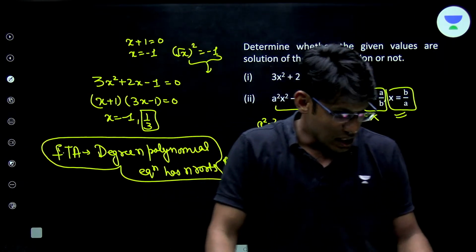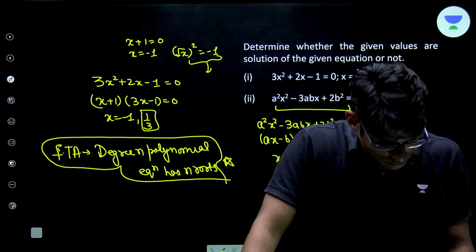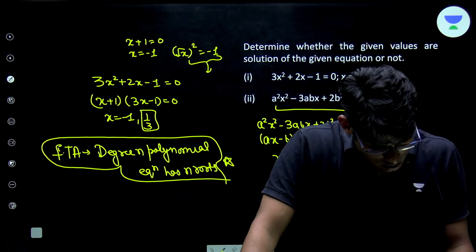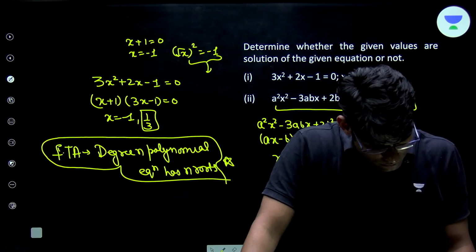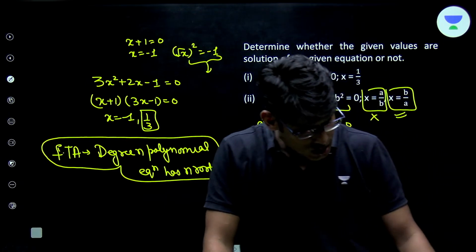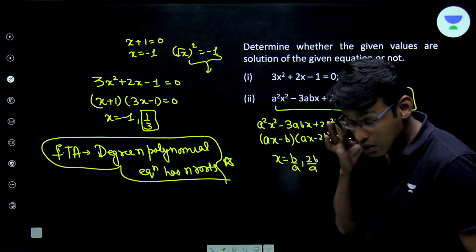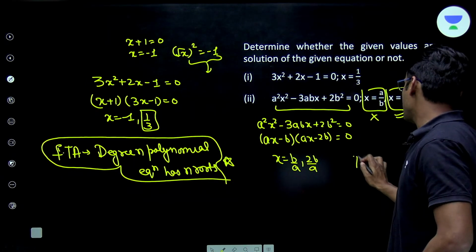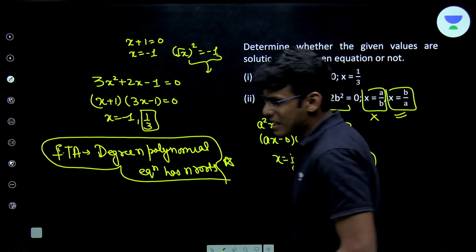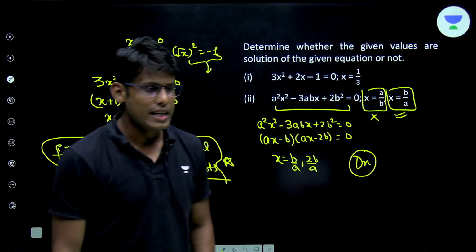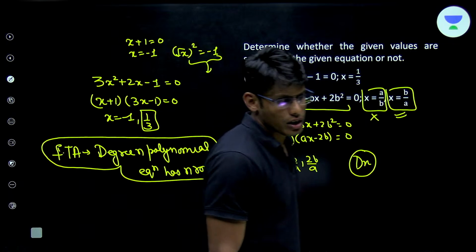Getting my point? N roots only. Got it? Am I making sense, guys? If I am making sense, please write DN in the chat so that we can proceed further.